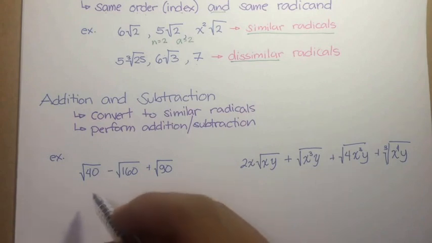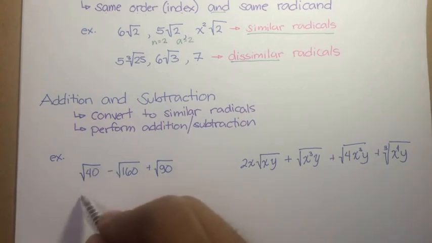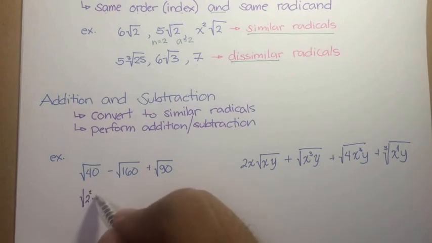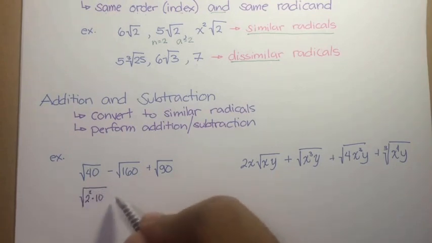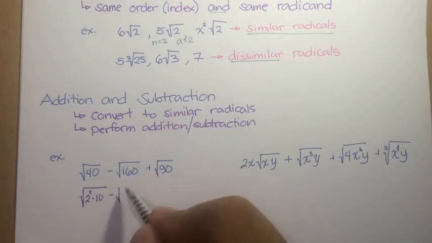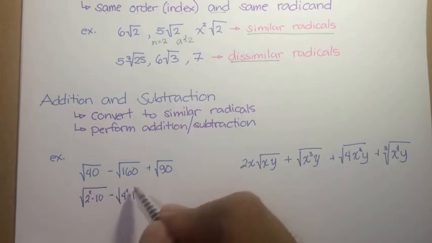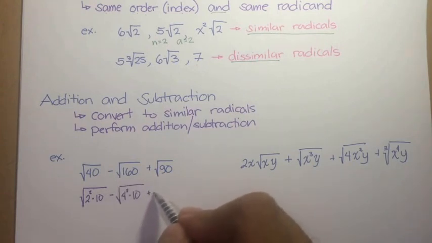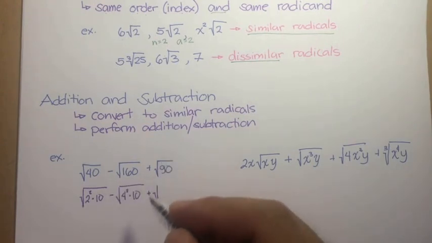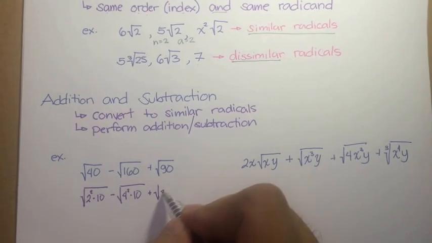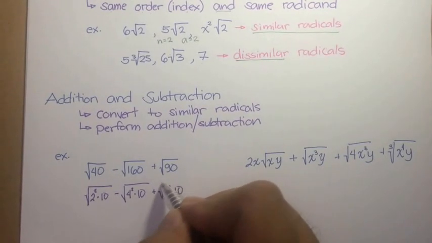40 can be rewritten as 2 squared times 10, and 160 can be rewritten as 4 squared times 10, plus square root of 90 can be rewritten as square root of 3 squared times 10.